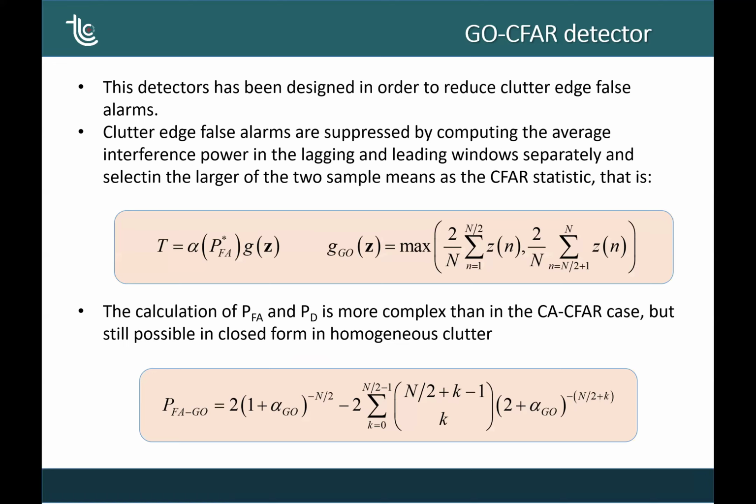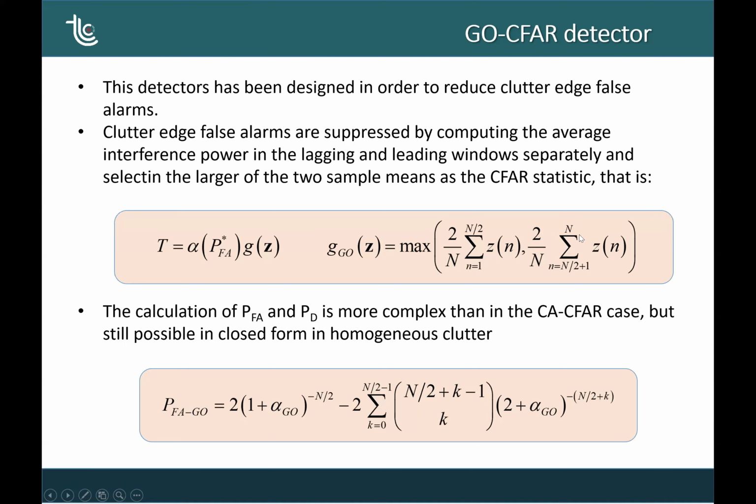The greatest of CFAR, instead of making the average of all the samples surrounding the cell under test, makes two different averages: one on the lagging samples and one on the leading samples. As you can see here, we have two averages, one on n divided by 2 samples, and the other on n divided by 2 samples.